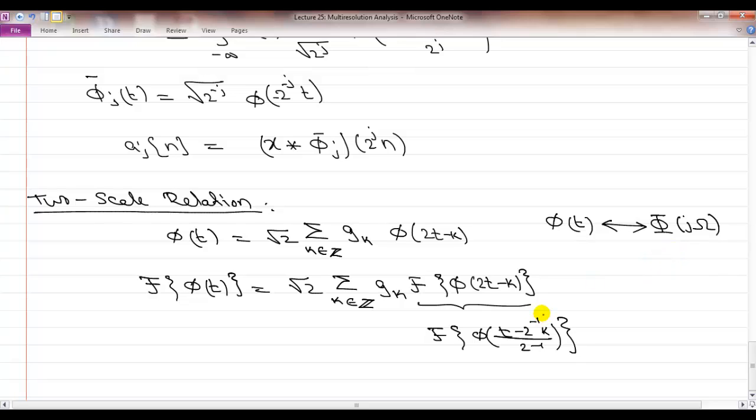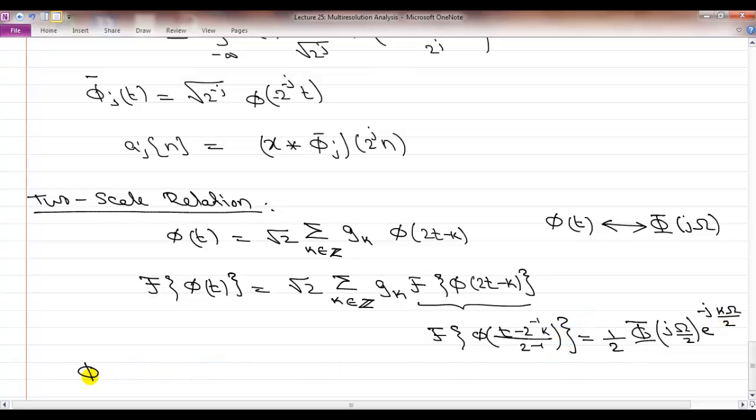What does scaling in time do? It only scales in frequency. What does shifting in time do? It gives rise to a phase shift in frequency. So the Fourier transform of phi of 2t minus k is simply half phi of j omega by 2 times e to the minus j k omega over 2.